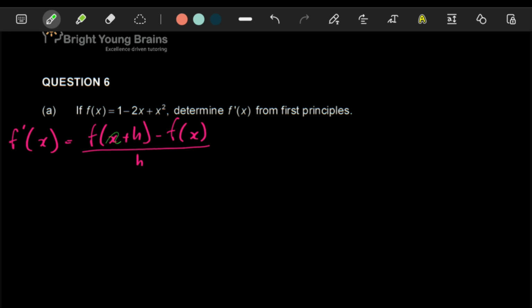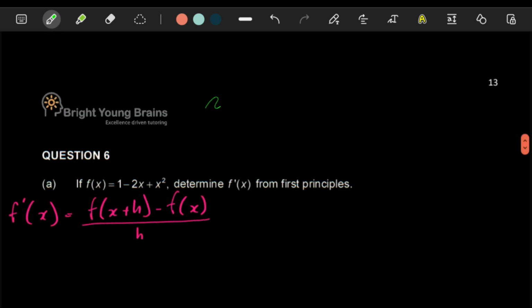To start off, you want to get an expression for f of x plus h first and then throw it into your equation. This just means that wherever you see x, just throw x plus h in there in your equation of f.